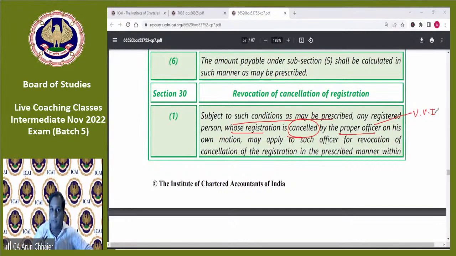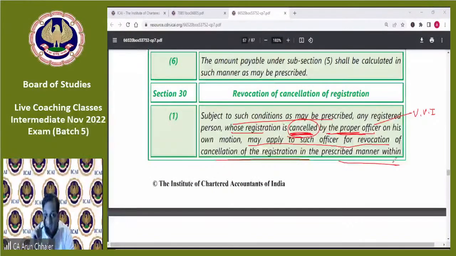Section 30 subsection 1 says that only if the GST number is cancelled by the proper officer on his own motion, then he may apply to such officer for revocation of cancellation within the prescribed time and manner, which we will discuss. Make it clear that if the GST registration is cancelled by the officer on the basis of an application filed by the registered person or his legal heir, that number, once approved, cannot be revoked.